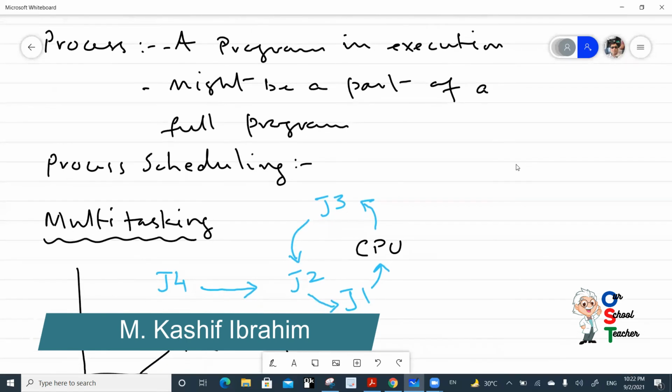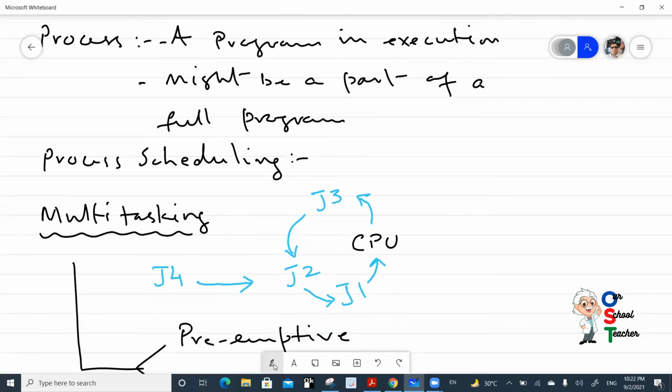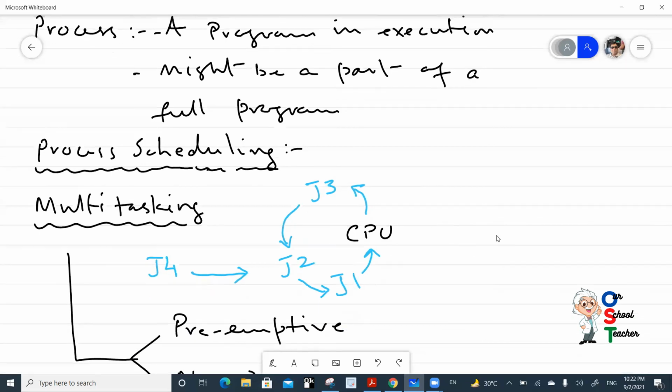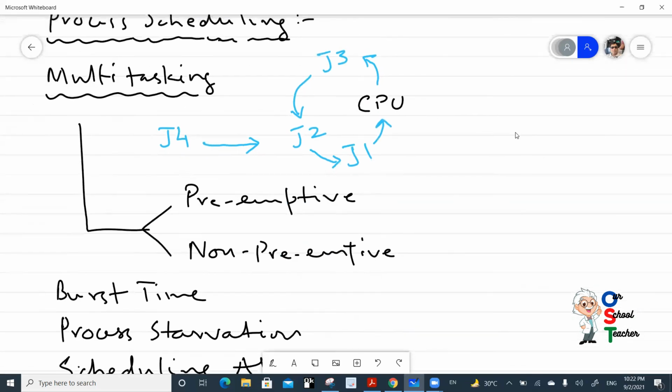Then we came to process scheduling, and we saw that a computer can execute a number of processes at a time, and if there is only one CPU installed in the computer, then its time is divided with the concept of multitasking and time sharing.